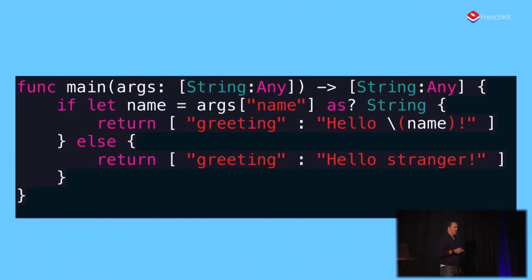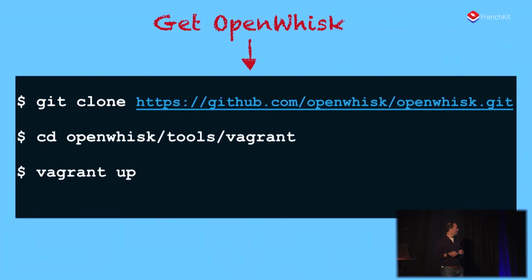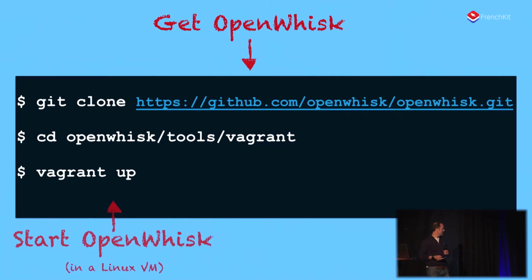So once I've done that, obviously I need to be able to run it somewhere. Now, there's two ways of doing that. The first thing you can do is you can get OpenWhisk from GitHub, and once you've downloaded it, you go into its provided directory and type vagrant up. What that's actually doing is starting a full Linux VM for you, and it runs OpenWhisk inside that VM, because OpenWhisk is itself a server.